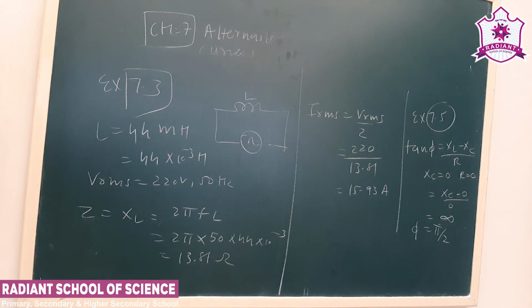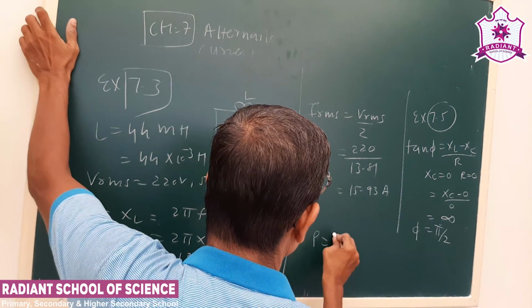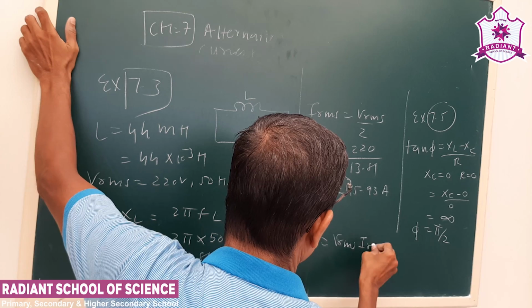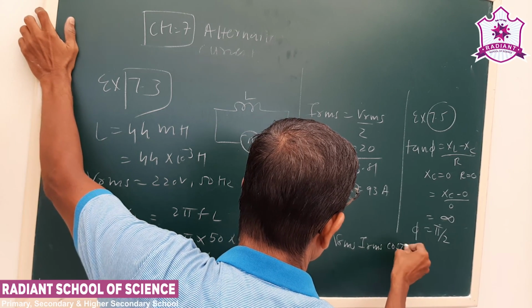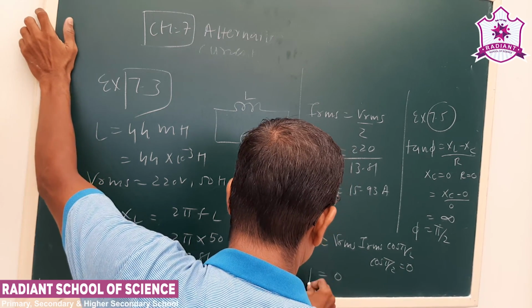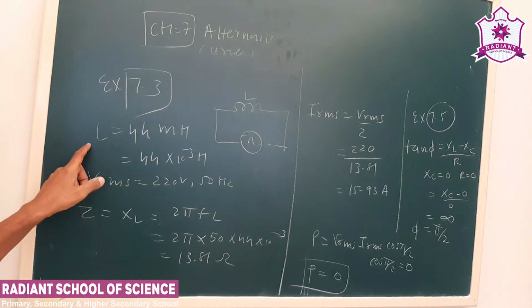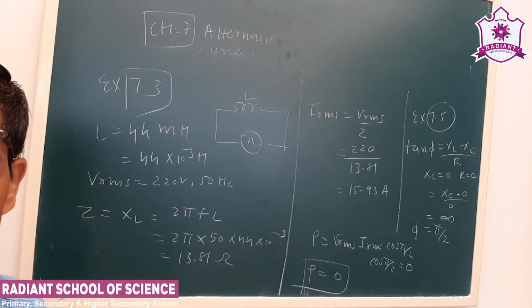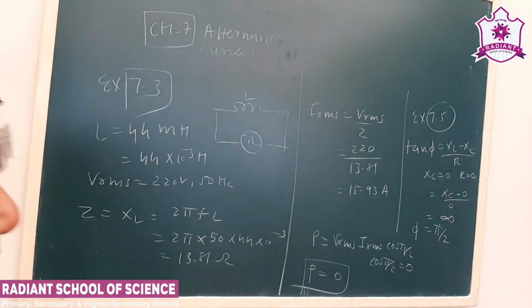So power will be VRMS IRMS cos pi by 2. Now see, cos pi by 2 is 0, so the power in the given circuit, that is 7.3, with only an inductor is 0. So that is a part of exercise sum number 7.5.